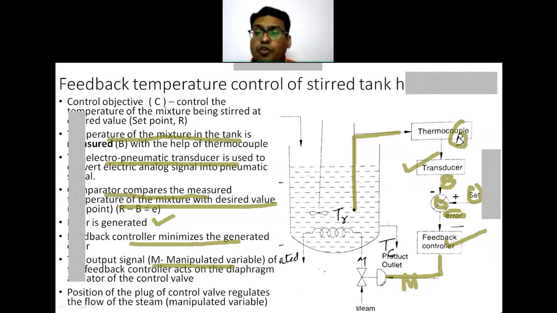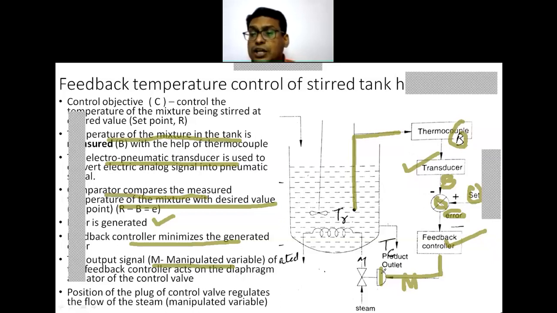For the control valve you require the pneumatic signal. In the general case there are electrically operated control valves also, but mostly they are pneumatically operated control valves.